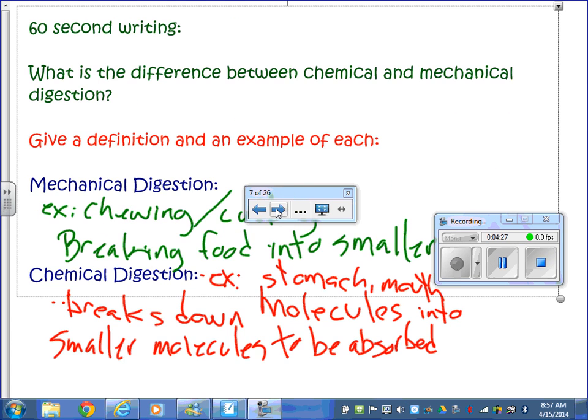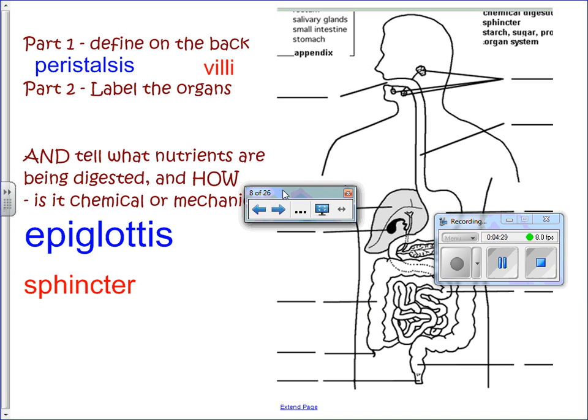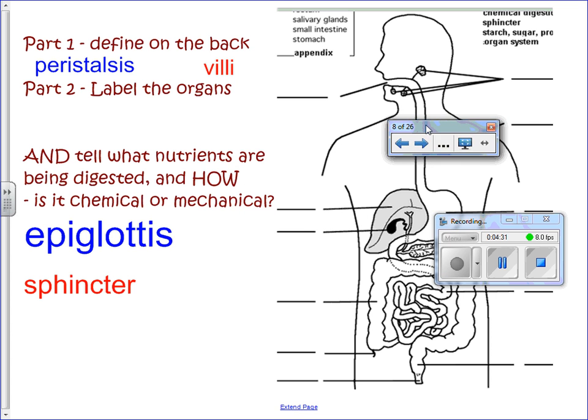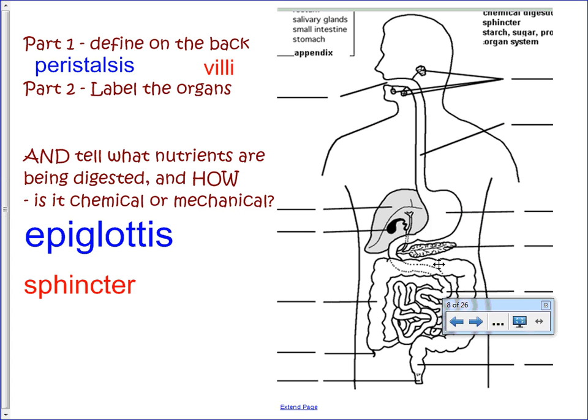Okay, so now, using the picture you have, using this guy, let's go through and define these things. But also, it says part 1 to define on the back. These are some words we came across yesterday in the reading. So let's take a look at these words.